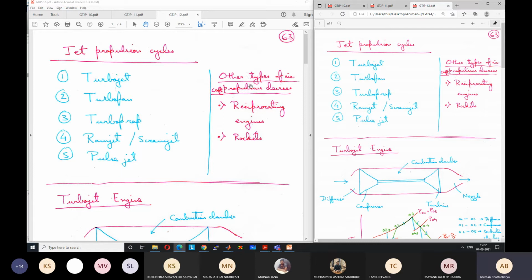Other types of aircraft propulsion devices we have discussed in the beginning of the course. Rockets can also be used, obviously, but rockets are very inefficient in the sense that you have to carry your own fuel, and they do not scale well with increasing weight.